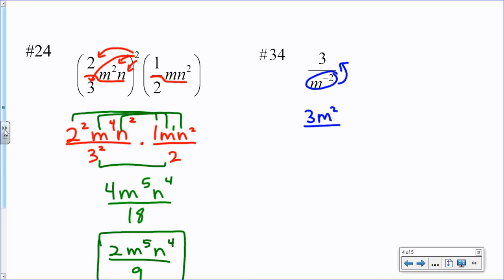And I don't have anything left in my denominator. So it's just a 1. But remember, if it's a denominator of 1, you don't have to keep it in your answer. Numerators of 1 have to stay there. Denominators of 1 do not. Okay?